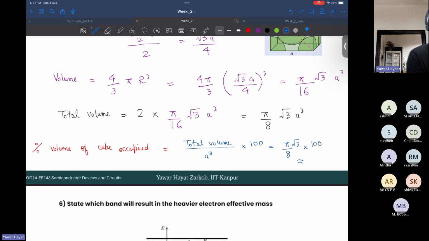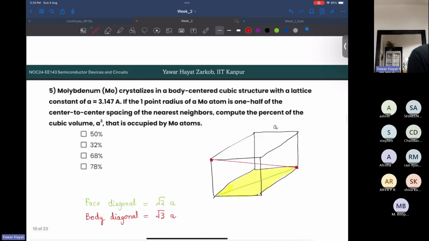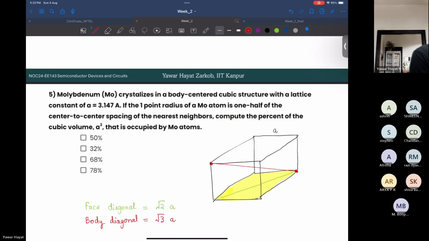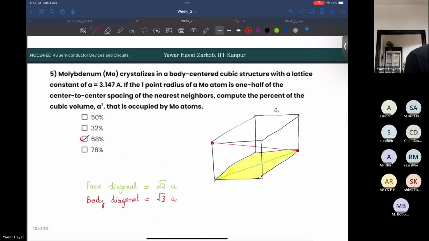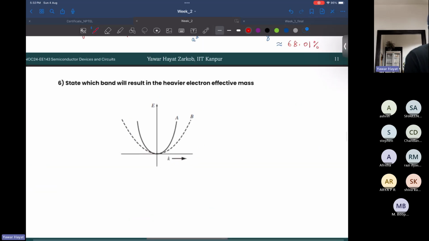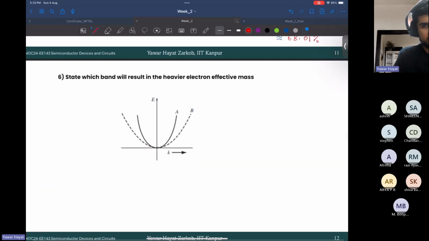Work this out. This should come out as 68.01%, right? So that's why the option that we'll go with is this one, right? Now this one is easy and I expect the majority of you to attempt this.